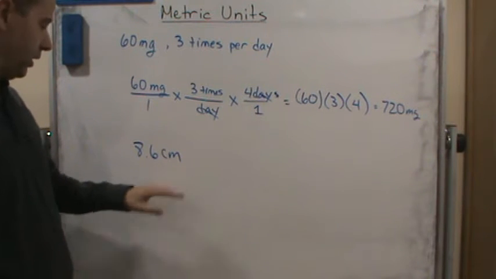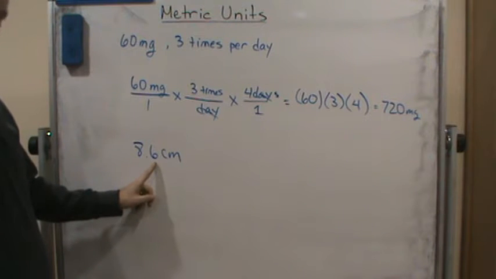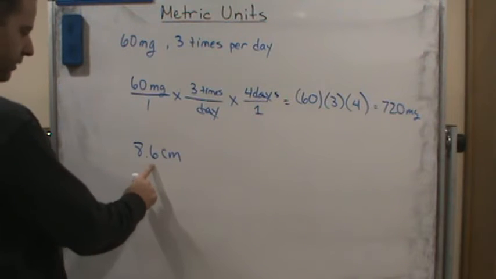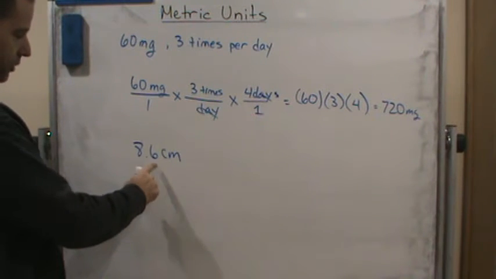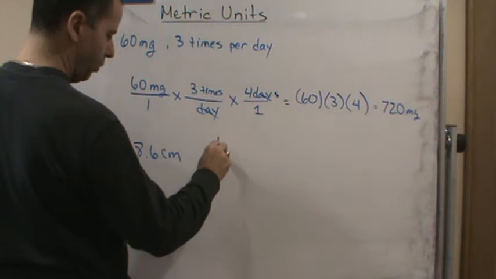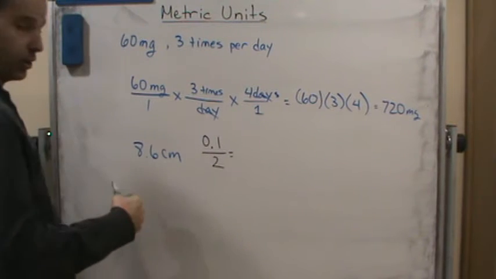Half of the precision, which means what's the precision of this measurement? It's to 1/10 of a centimeter. So it's going to be half of that, right? So the precision is 1/10 of a centimeter, so it's 0.1. And we're going to take that and divide by 2, and this gives us the greatest possible error.